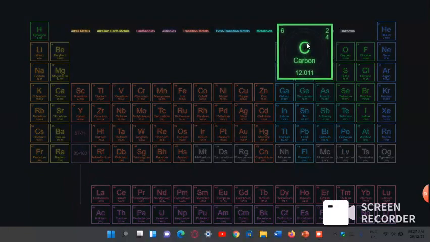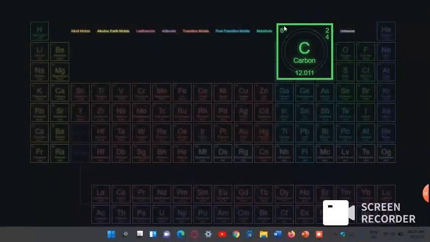In this carbon you can see that there is a 6 over here. This 6 is the atomic number, the number of protons only. And this 12.011 is the number of particles in its nucleus.